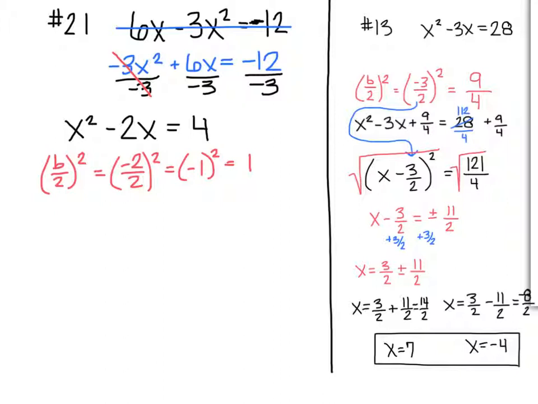Where do we put that 1? Behind each side. Very good. So we get x squared minus 2x plus 1 equals 4 plus 1.